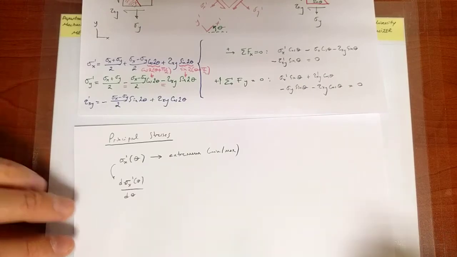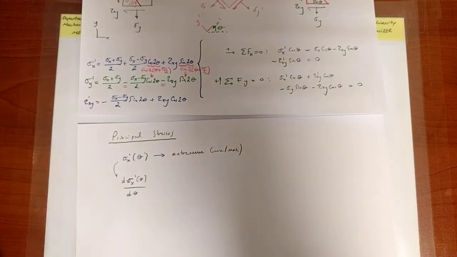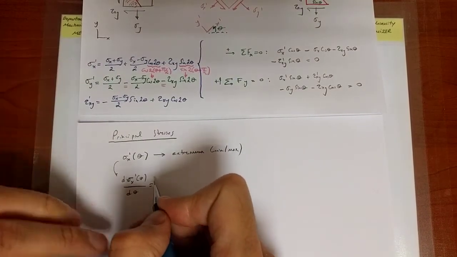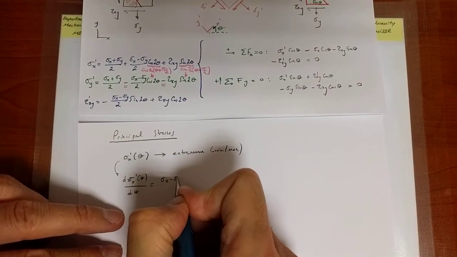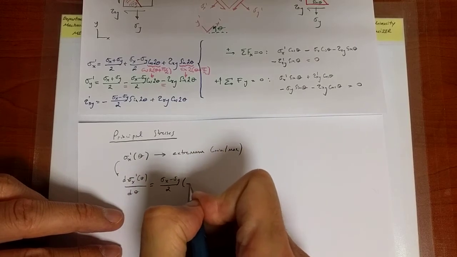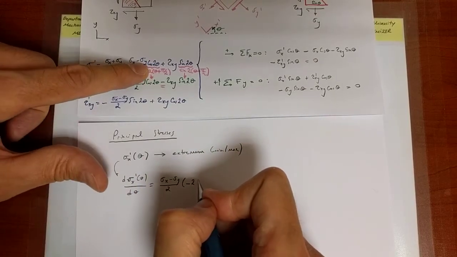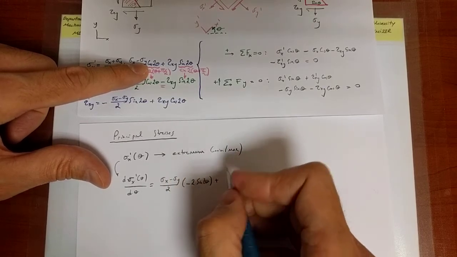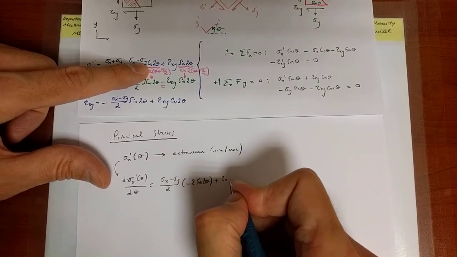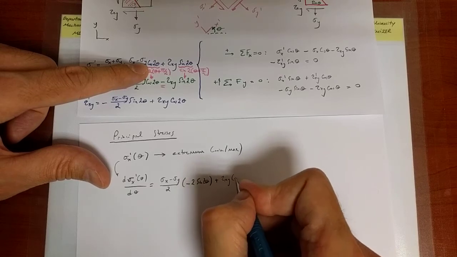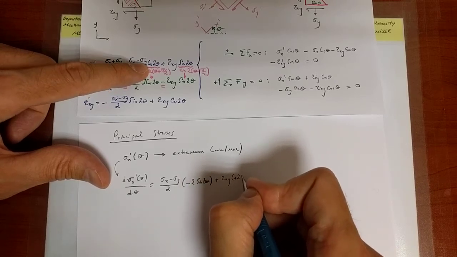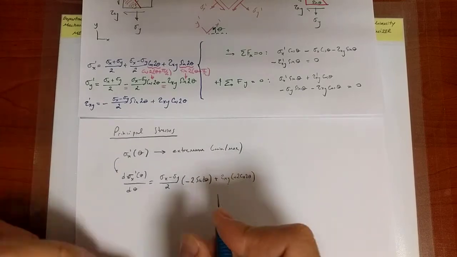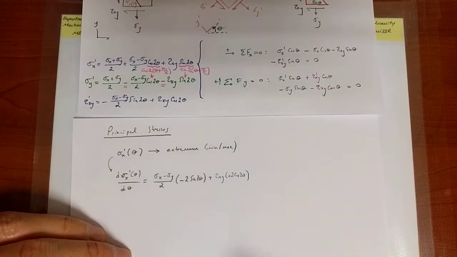The derivative is going to be: sigma x minus sigma y over 2 times minus 2 sine 2 theta, plus tau x y times 2 cosine 2 theta. Okay, now that's the derivative.